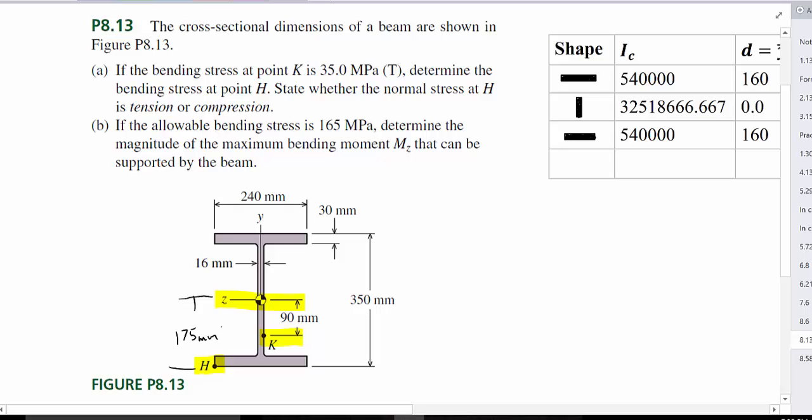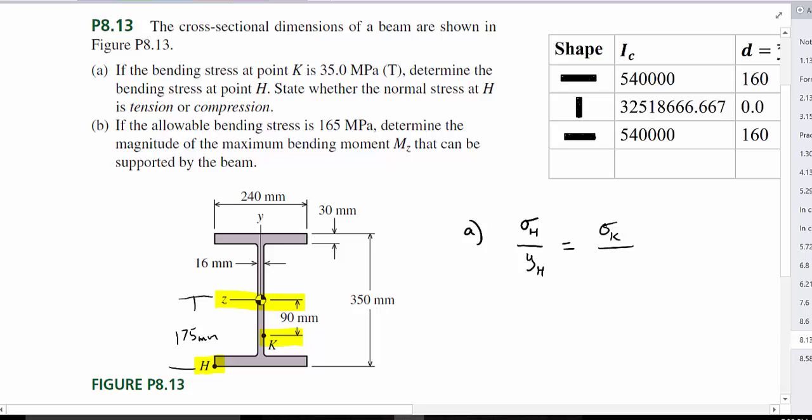Okay, so for part A, what we can do is just build a simple relation. We can say the known information, which is the bending stress at K, is a certain distance away from our neutral axis, which is our y sub K. We can set that equal to the bending stress at H. I'm sorry, that's the unknown. I apologize, sigma sub h is unknown.